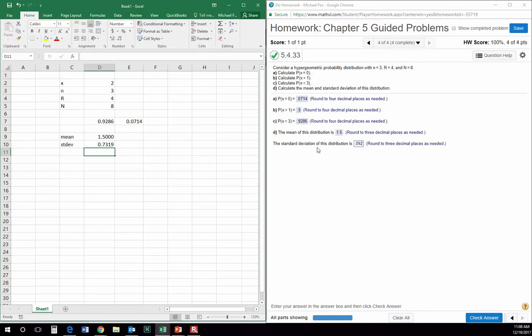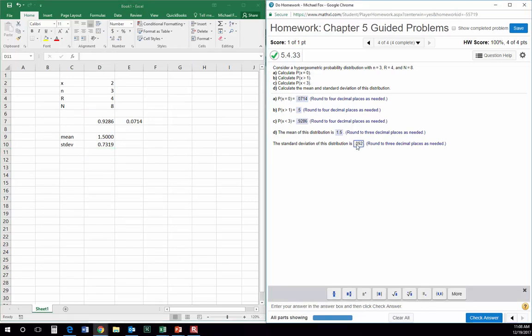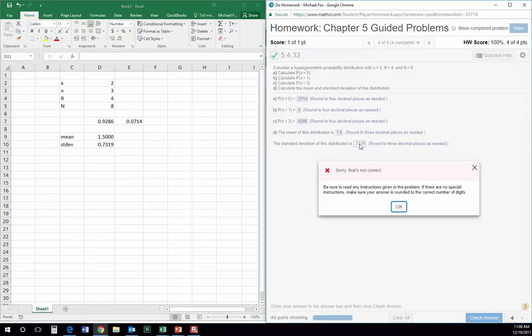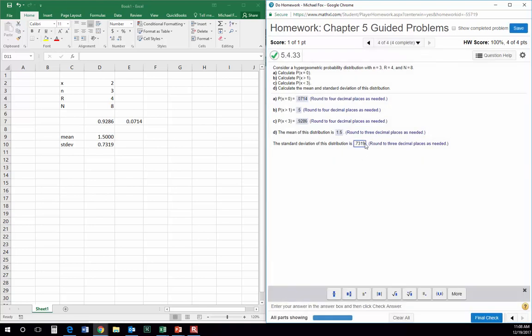And that gives me 0.7319. I bet you that's right. Oh, 3 decimal places. 0.732.